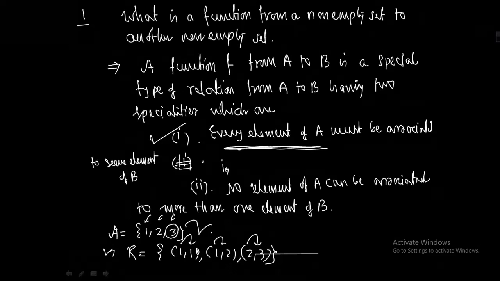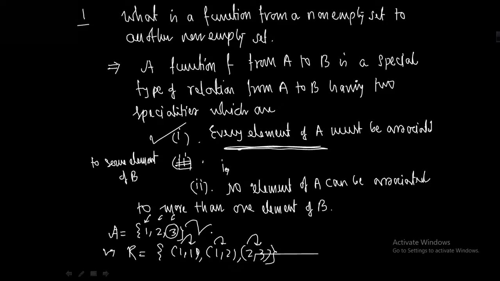I am defining this relation on A, that means R is a subset of A cross A. A contains 3 elements, 1, 2 and 3, so 3 must be associated to some element. But in this relation only 1 and 2 are associated. That means criterion number 1 is violated. Hence, this is not a function.